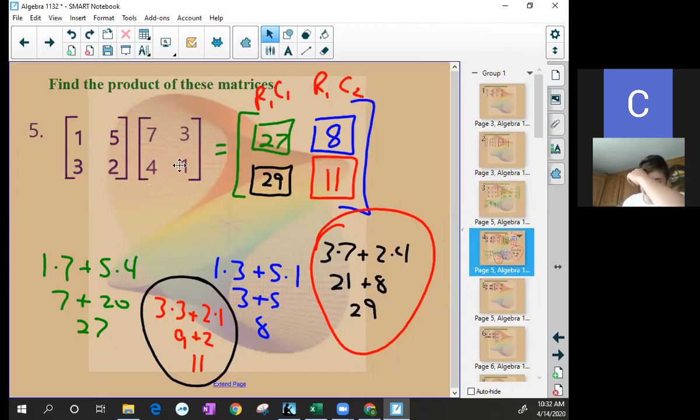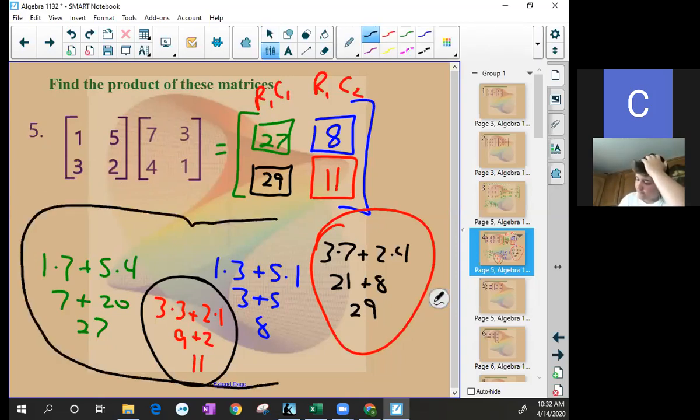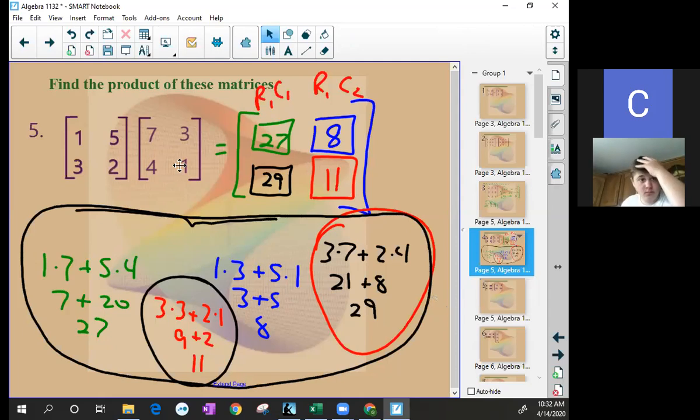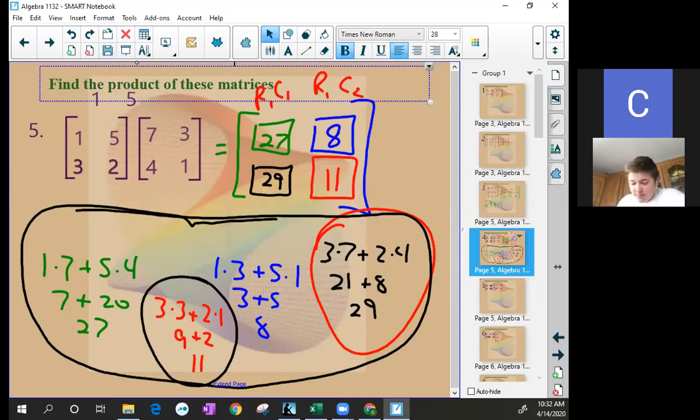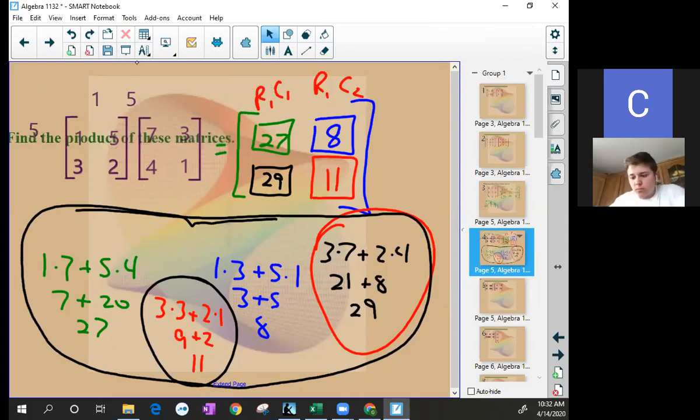One thing that I do is I don't bother writing all this down necessarily, because I do it kind of like this. In my mind, now y'all watch this, in my mind, I take this first row and I flip it. Well, my board's not cooperating. Come on, board, help me out.